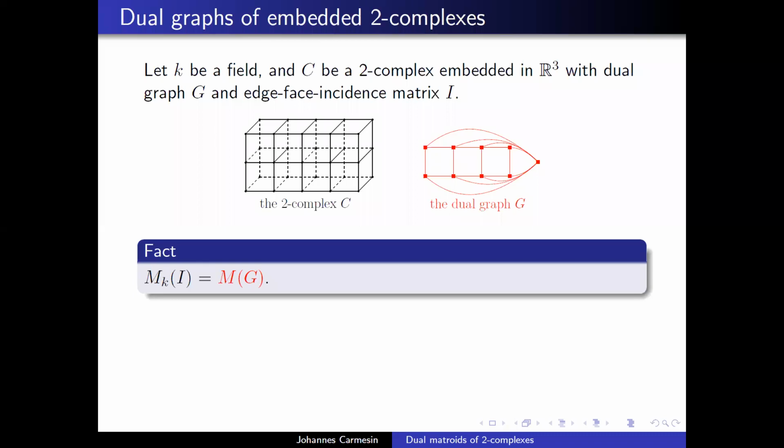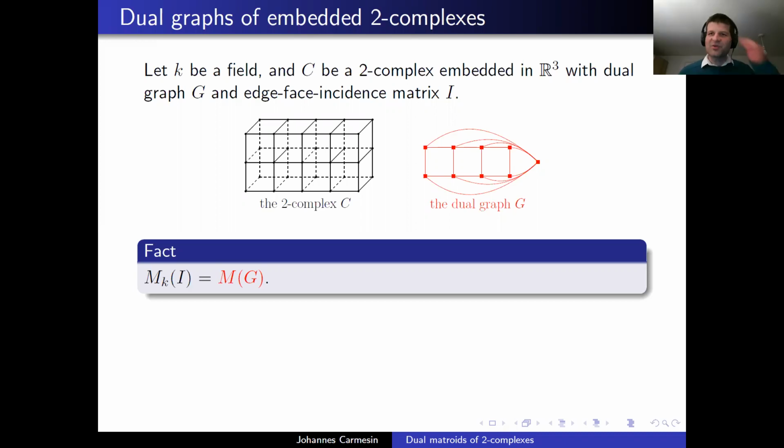Can I interrupt you with a trivial question? Are the rows corresponding to the edges in the incidence matrix? I on purpose didn't say that. The matroid elements are the faces, and you have one vector for every edge. Some people always take the transpose of the matrix.